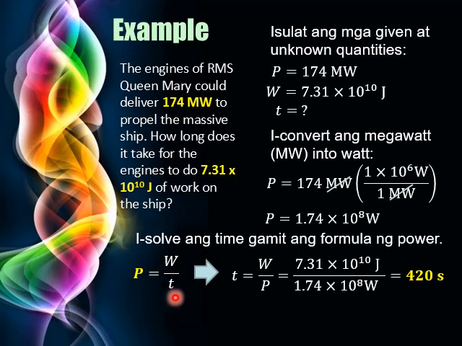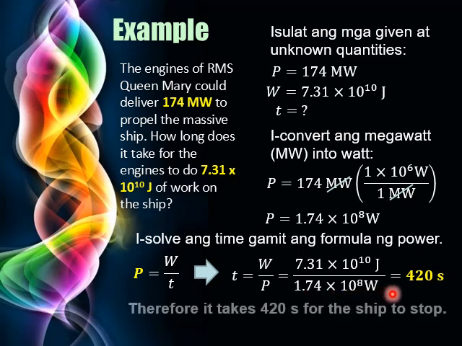That's the easiest way to do that. So, t is equal to work over power. That's 7.31 times 10 to the 10th joules divided by 1.74 times 10 to the 8 watts. So, you have 420 seconds. Therefore, it takes 420 seconds for the ship to stop.